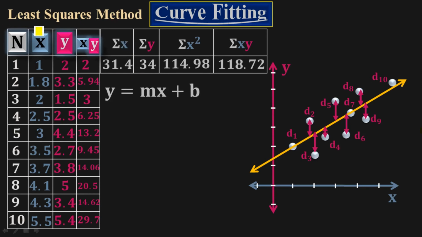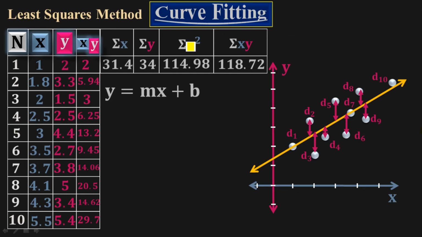When you take the summation of all the x values, 1 plus 1.8 plus 2 plus 2.5 plus 3 plus 3.5 plus 3.7 plus 4.1 plus 4.3 plus 5.5 equals 31.4. Just add all the x values. The sigma is for the summation. Summation of x is 31.4. Similarly, sigma y, which is the summation of y, add all the y values and you will get 34.